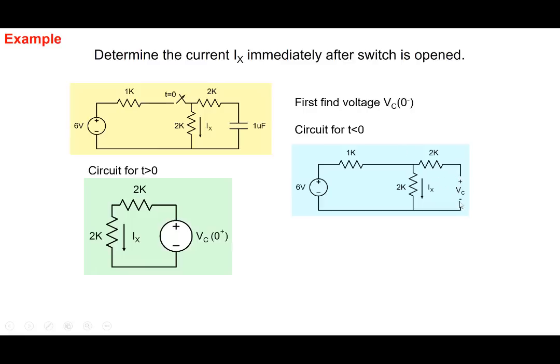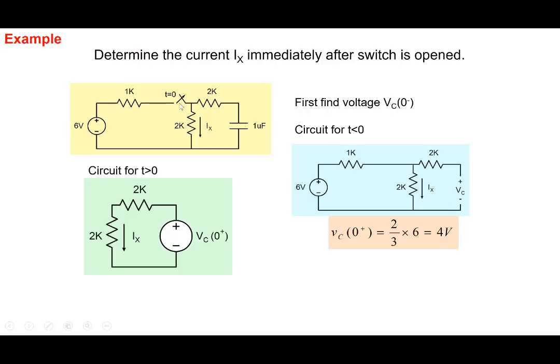But there is a voltage across the capacitor, which is what we are trying to calculate. That's easy to calculate. It's a voltage divider, so 2 by 3 multiplied by 6, which gives 4 volts. So the switch has been closed for a long time, the capacitor has reached steady state, and the voltage across it is 4 volts.